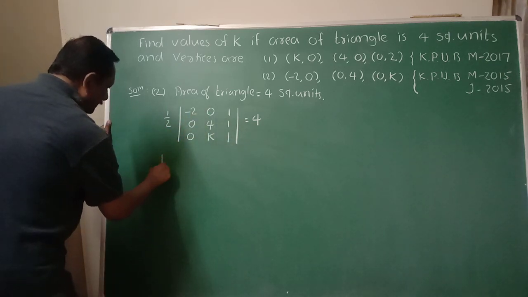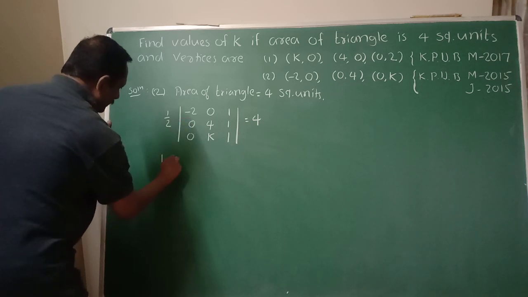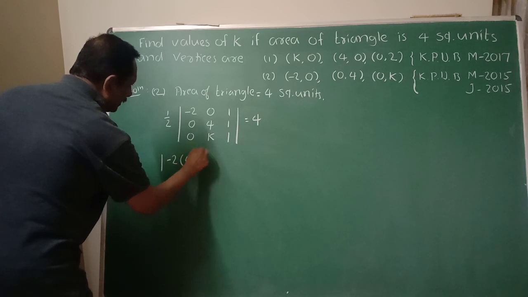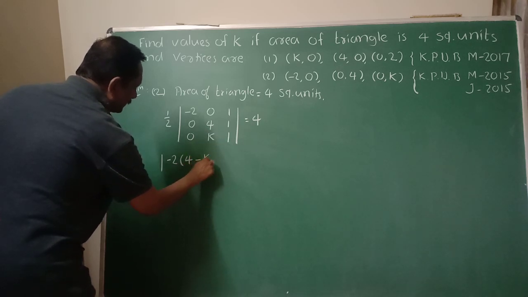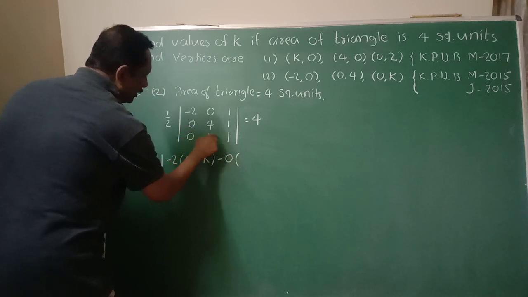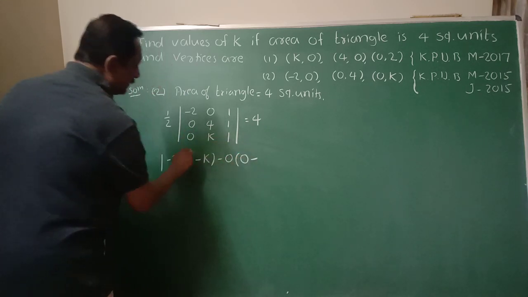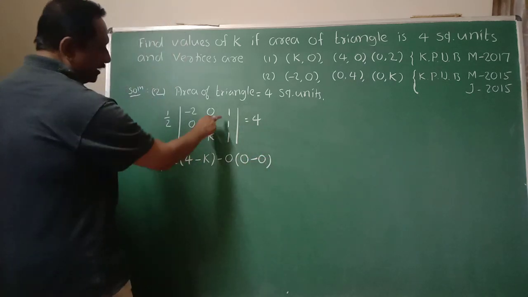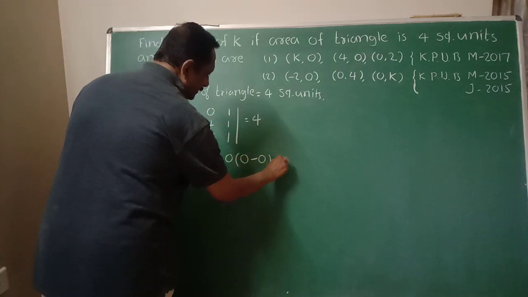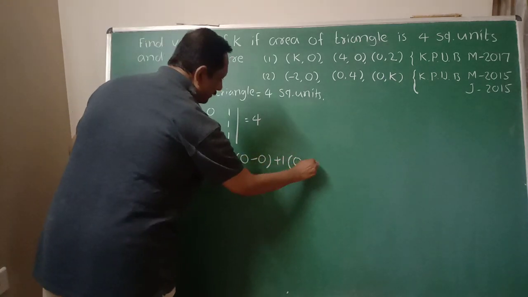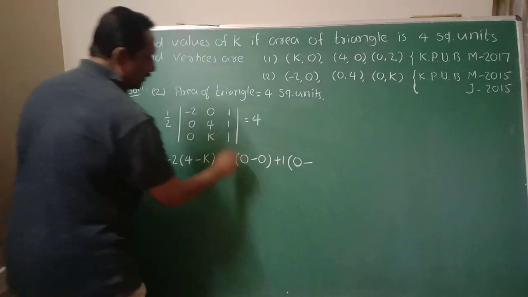So modulus of minus 2 into 4 into 1 becomes a 4, k into 1 becomes a k, minus 0 into 1 becomes a 0, minus of 0 into 1 becomes a 0 here. Then a plus 1 here, plus 1 into bracket 0 into k becomes a 0, minus of 0 into 4 is a 0 here.